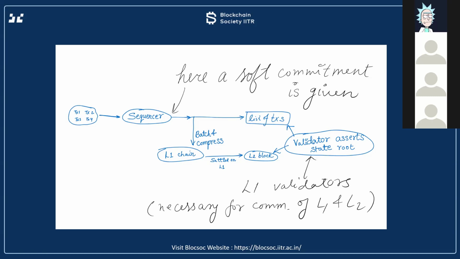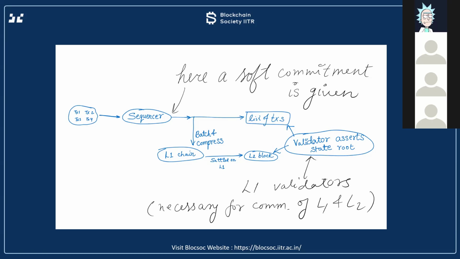And whenever the batch is submitted on the layer 1 contract and it is settled on the layer 1 chain, the confirmation that the transaction has been settled is given to the validators. What the validators do is now assert the state change which the sequencer made. So when the batch has been confirmed on the layer 1 chain, it also does a change on the layer 2 blockchain.